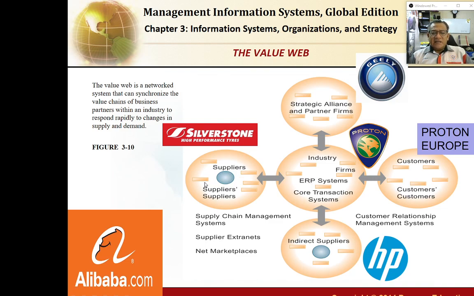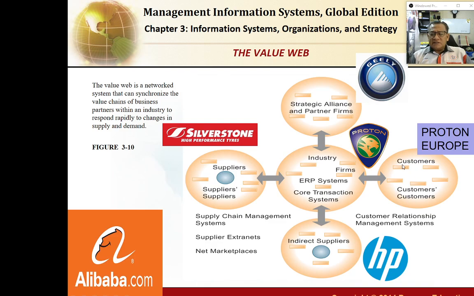As such, they can maintain their supply level, they can maintain, I would say, stock level, so they can communicate almost automatically, right? Proton Malaysia is also linked to its subsidiary, for example, Proton Europe in the UK, right? So Proton could export, and could also comply with the requirements of Europe as far as entering the European market is concerned, because they are more stringent as far as environmental protection.